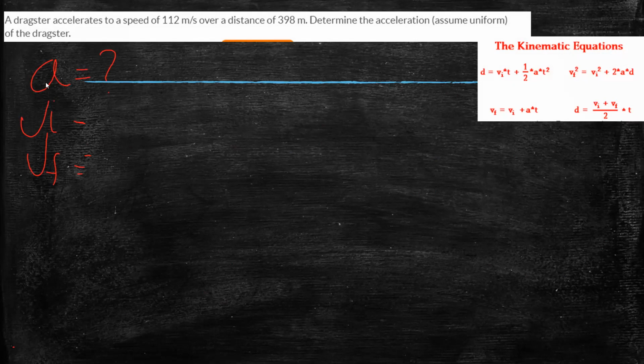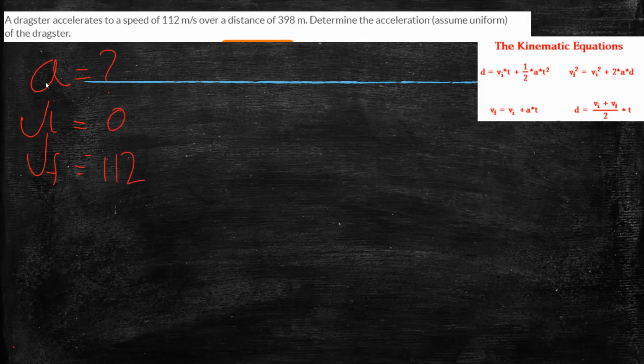He told me that he started from rest. But it accelerates to a speed of 112 meters per second. So the V initial here is 0 and the V final here is 112.